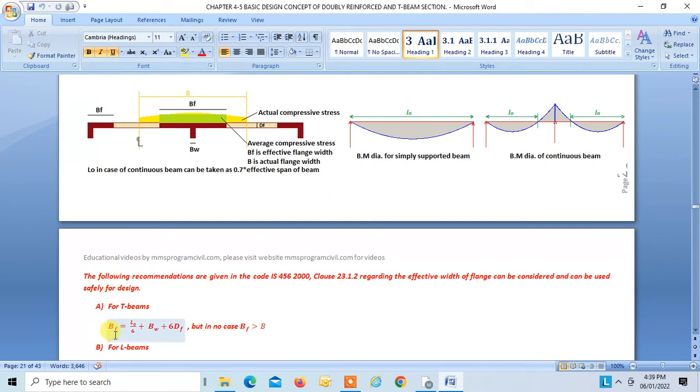So BF for T beams, which are part of the slab, can be taken as L0 divided by 6 plus BW, where BW is the width of the web, plus 6 times DF, where DF is the depth of the flange. But in no case should your BF be greater than B. BF cannot be greater than B. That is what the code says.